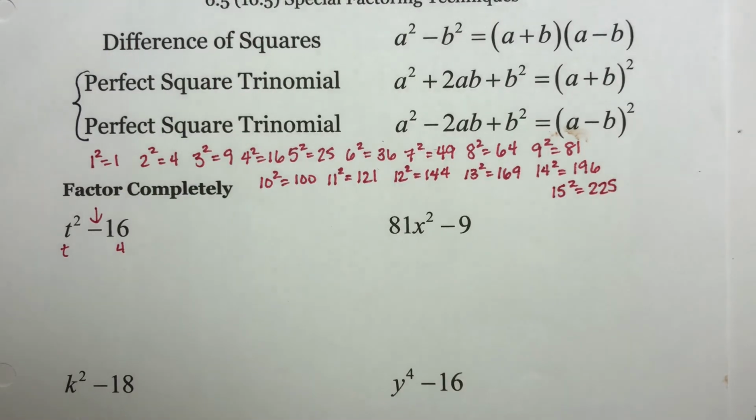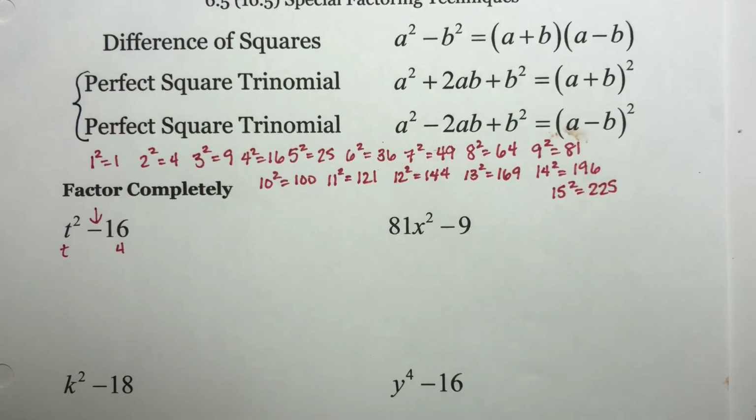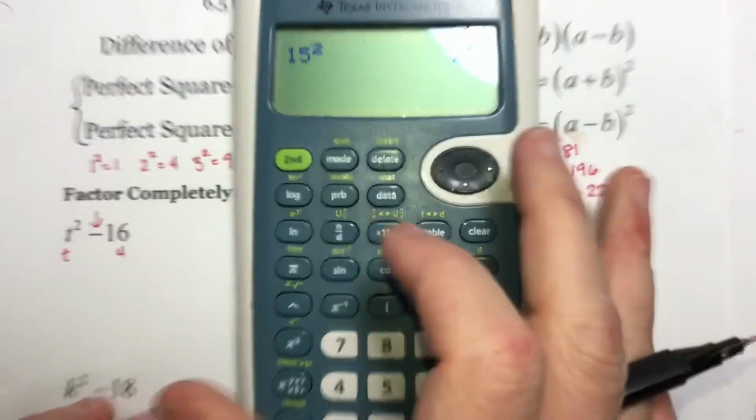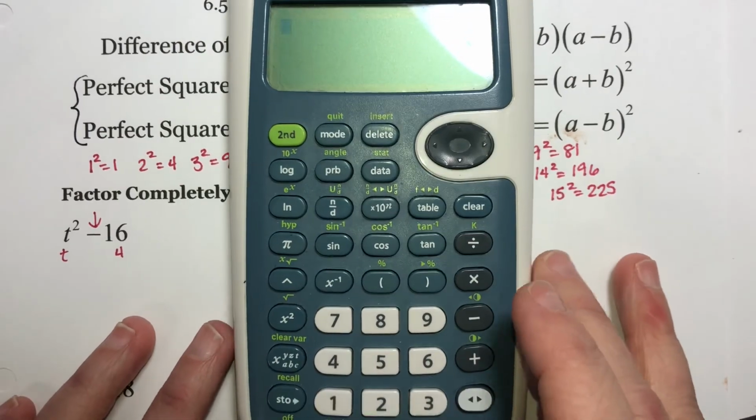I think those are the ones we see most often. That does not mean that you can't have others, but those are the ones that they tend to choose a whole lot.